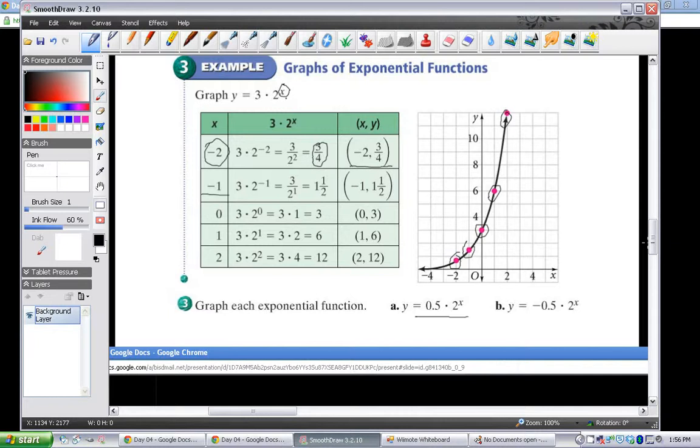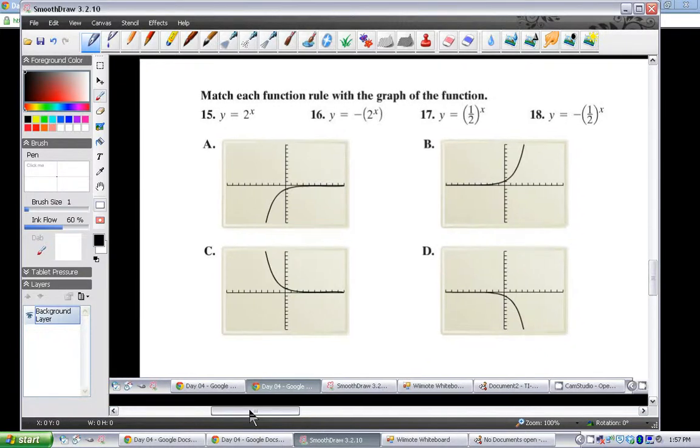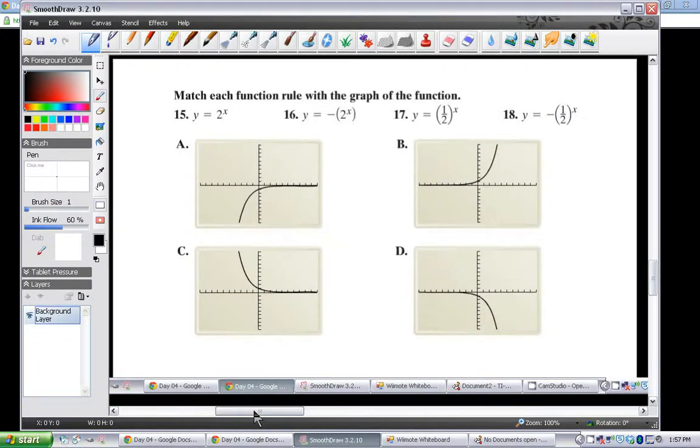Okay, back here, let's look at our next piece. Scroll down a little bit. Okay. On this last section, we're just going to be doing some matching.